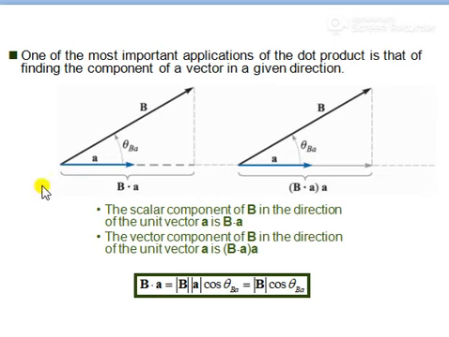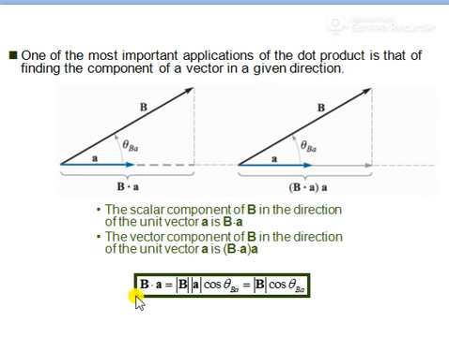So you can observe here, if a vector b is there, and I want to calculate its component in the direction of unit vector a, it will be b dot a. Now suppose the vector component of b in the direction of unit vector a is (b dot a) times a.